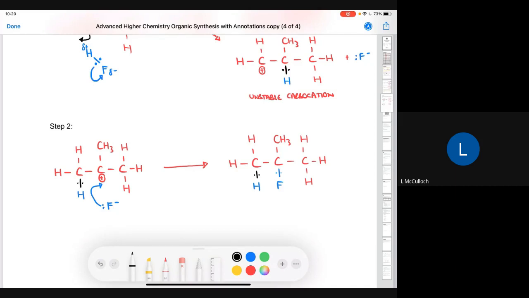I'm just doing this in the hope that it makes slightly more sense, because I know these are quite difficult concepts to deal with. Curly arrows are never easy. All right, so again, I'll give you a wee bit of time to copy that in.